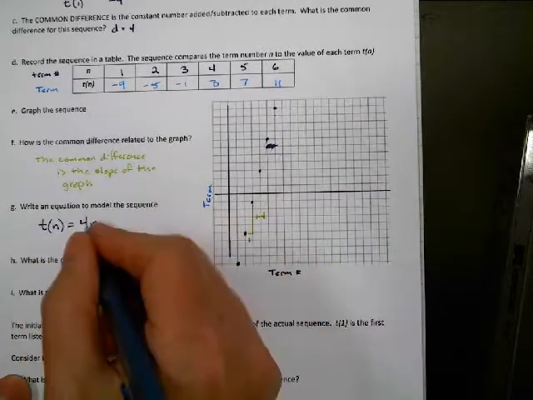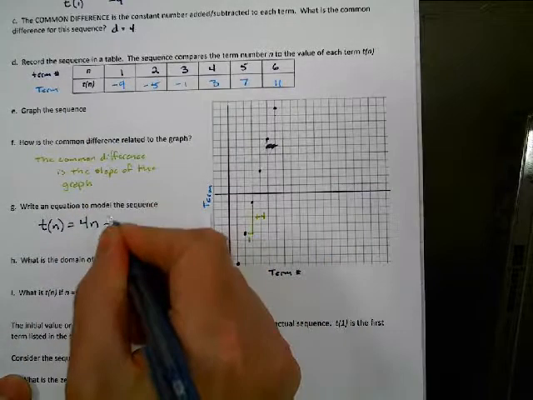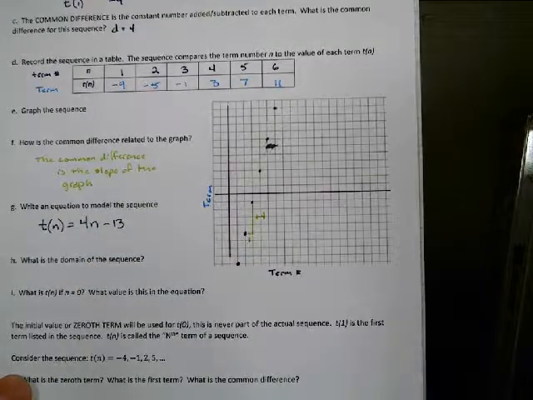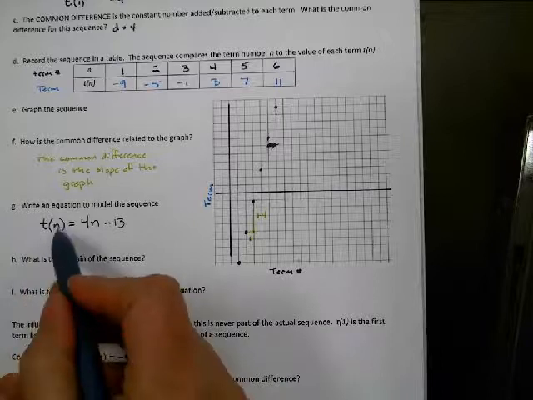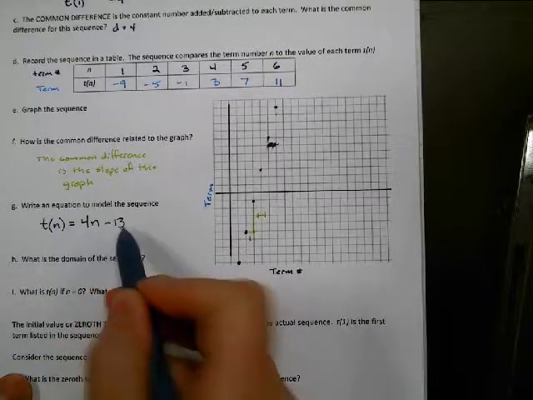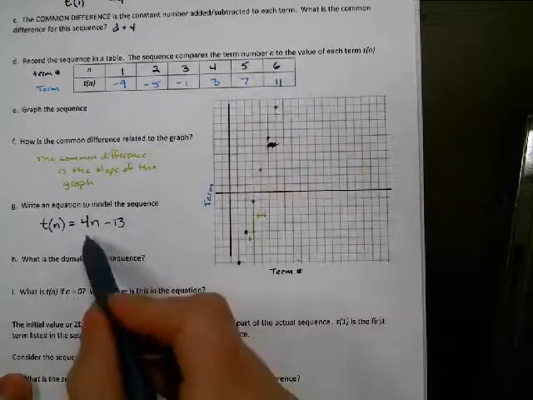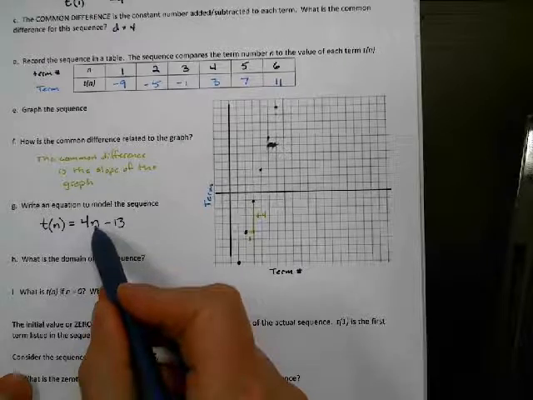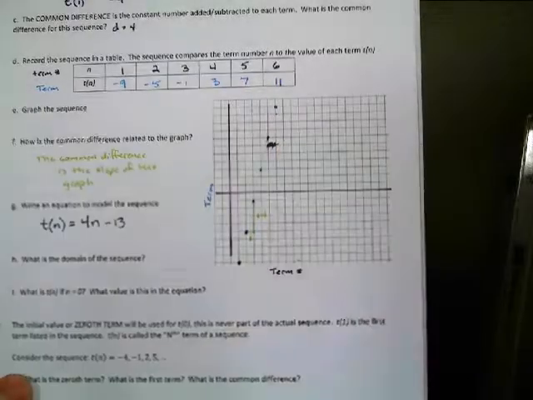So if I subtract 4 from -9, I get -13 here. And there's my equation for my sequence. So the term is equal to 4 times the term number minus 13. And then if I plugged in 6th term, 4 times 6 is 24, and 24 minus 13 is 11. So the sixth term is 11.